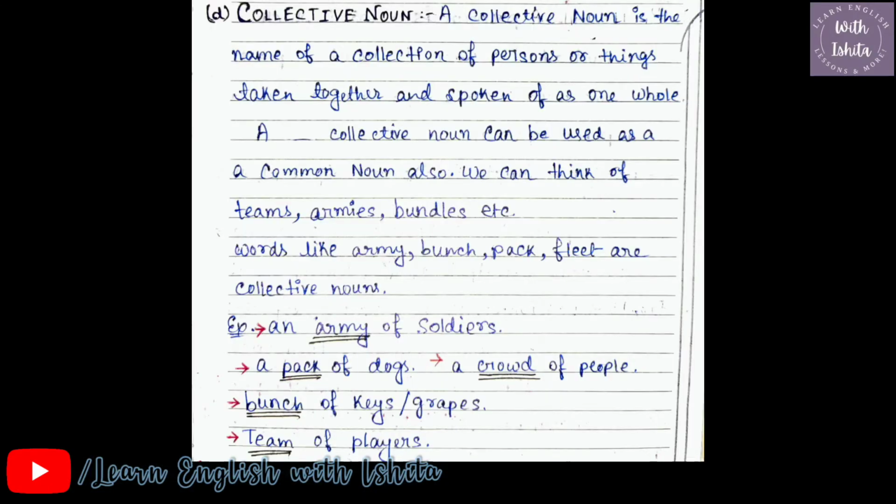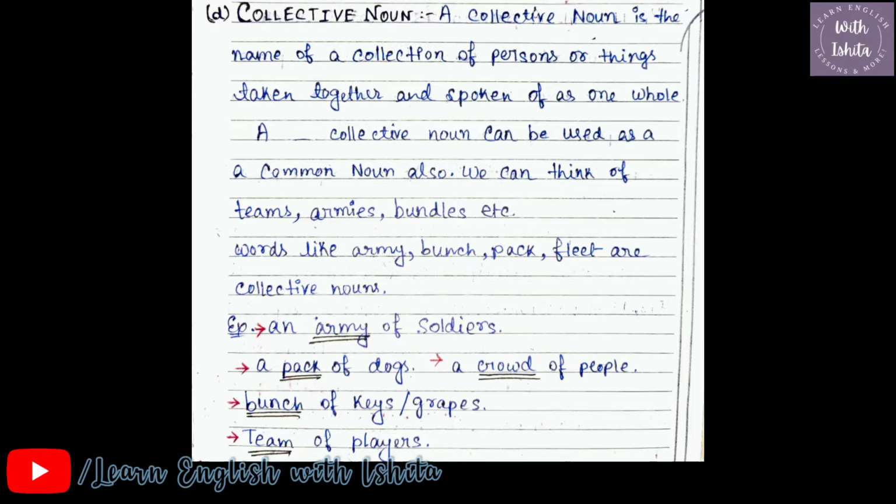Now we're going to talk about collective noun. A collective noun is the name of a collection of persons or things taken together and spoken of as a whole. A collective noun can be used as a common noun too. Words like army, branch, bunch, pack, fleet are called collective nouns.